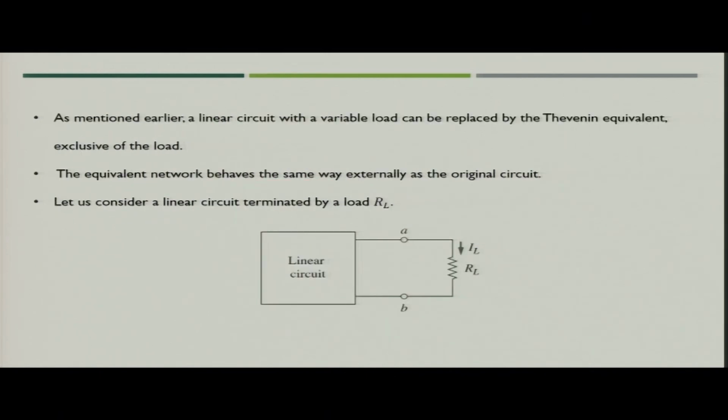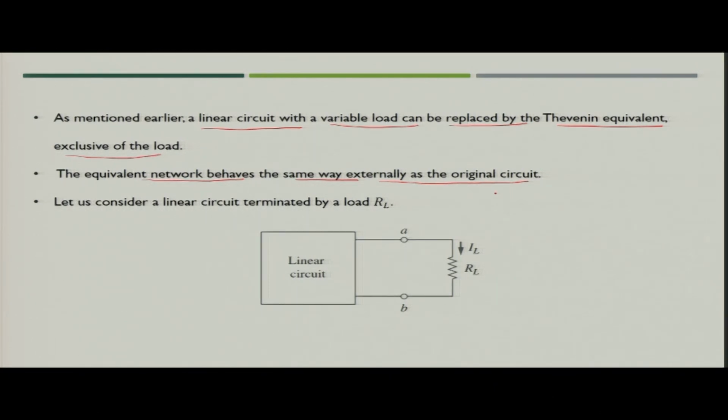Now, as we have discussed, a linear circuit with variable load can be replaced by its Thevenin equivalent excluding the load. This equivalent network will behave in the same way as the external circuit, because you are creating the Thevenin equivalent of the external circuit by keeping the VI characteristic equivalent.